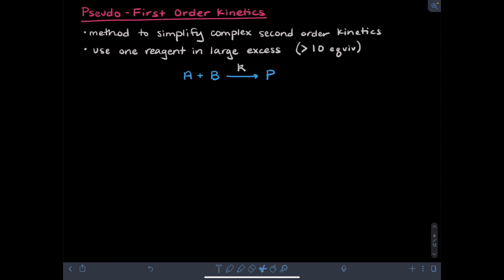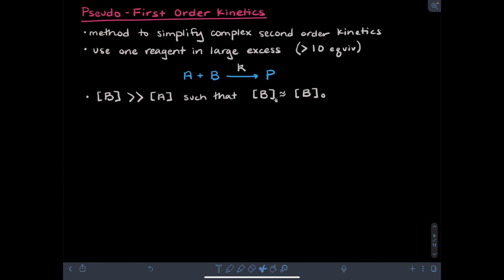So again, let's return to A plus B goes to a product P. You could pick, let's put B in large excess relative to A. And if that is the case, although the concentration of B will go down slightly with respect to time, because it started out as so much larger, that concentration of B is barely changing.